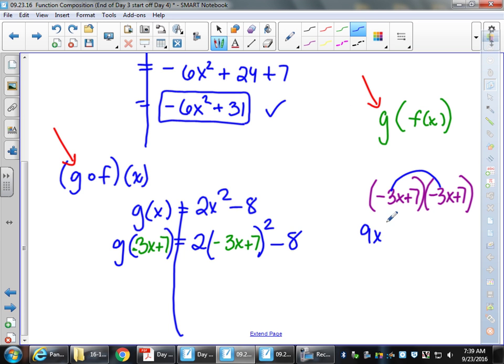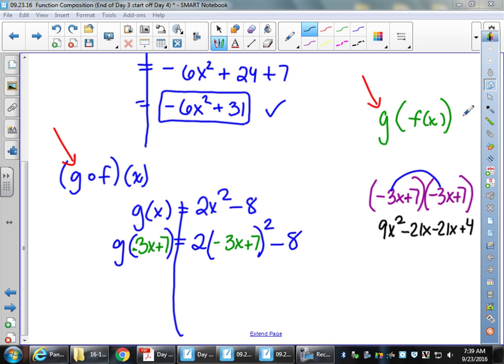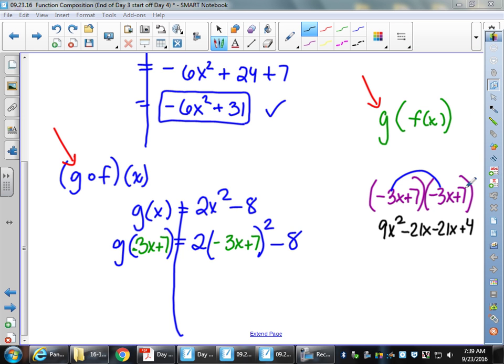9x squared. Put that in a different color. I don't want it to blend in with the blue. 9x squared minus 21x minus 21x plus 49. Good. And then combining like terms in the middle, we get 9x squared minus 42x plus 49.